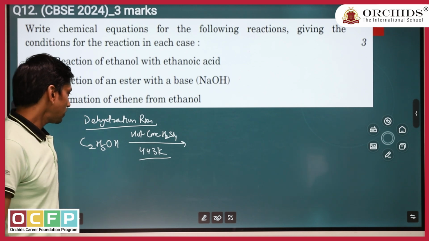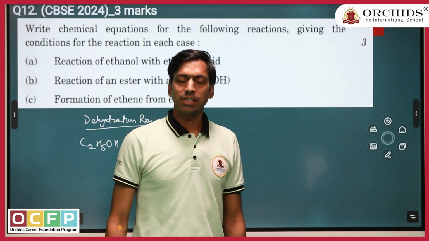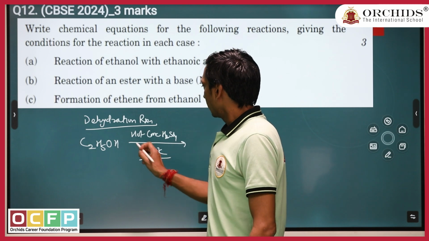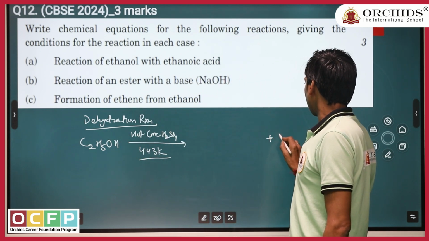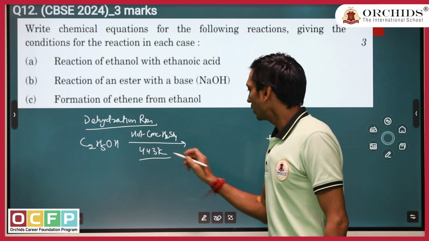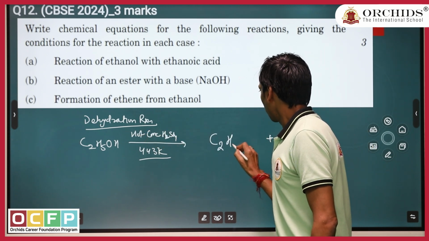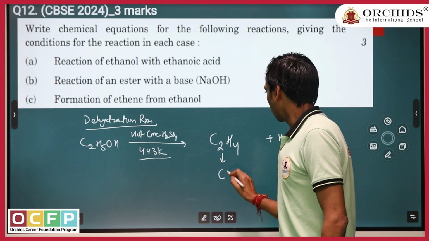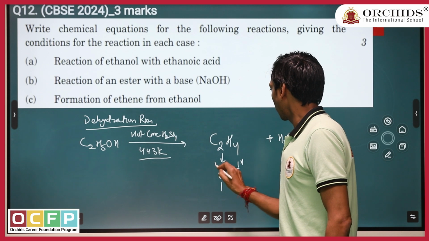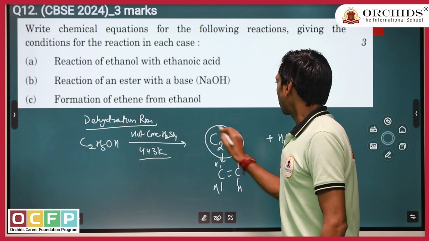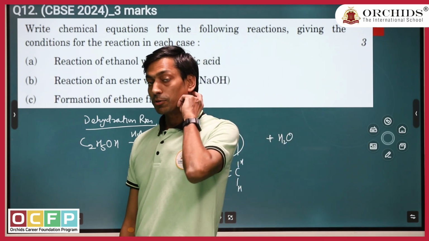As we know, H2SO4 is a dehydrating agent. It will remove water from there, and once the water is removed, we are left with C2H4, and this C2H4 is our ethene. So this is how we can produce ethene from ethanol.